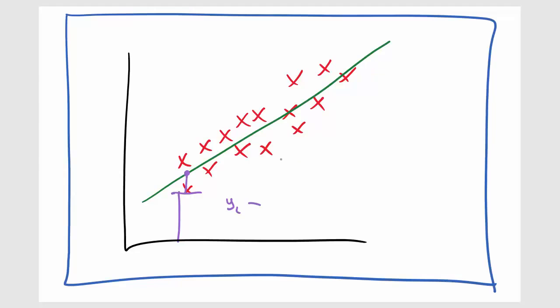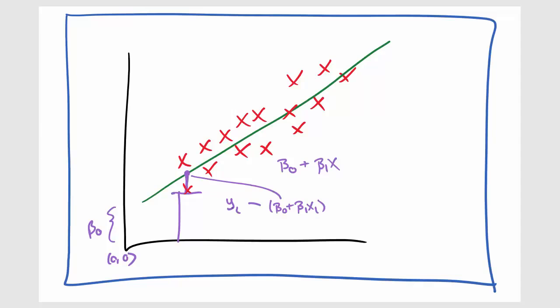So this line, let's assume, has intercept beta naught, the height along the vertical axis, and slope beta 1. That's the line we're interested in. So this point right there is beta naught plus beta 1 x1.